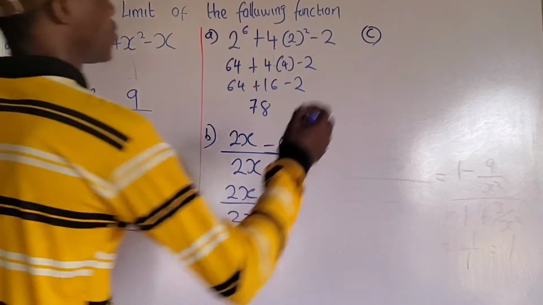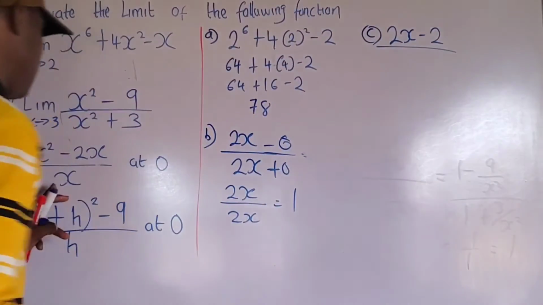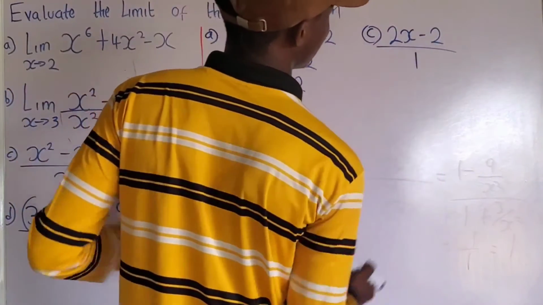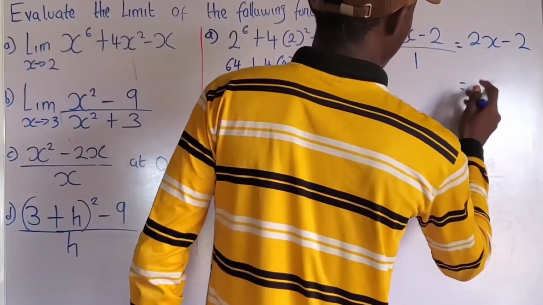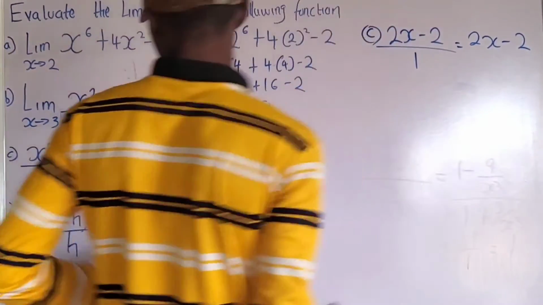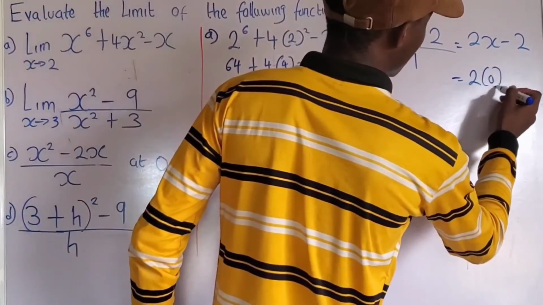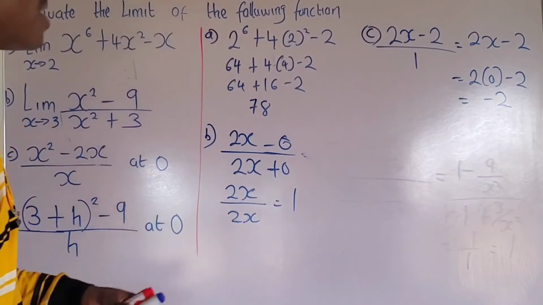You're going to have 2x minus 2 all over 1, which is 2x minus 2. Now, at x equals 0, I'm going to have 2 multiplied by 0 minus 2, which is minus 2.